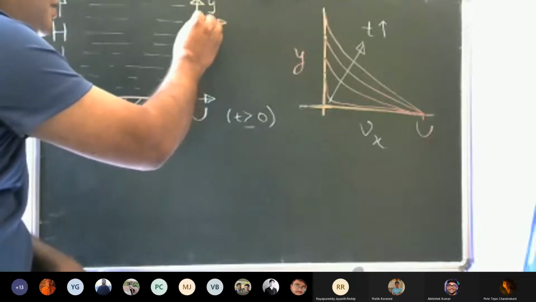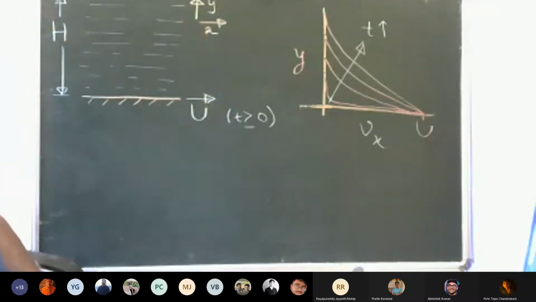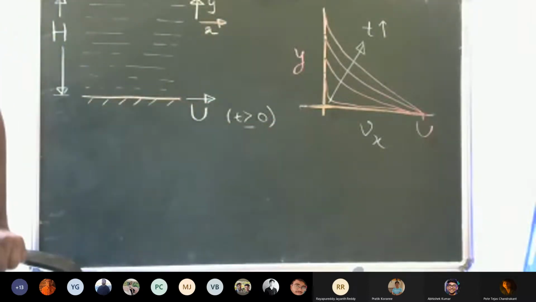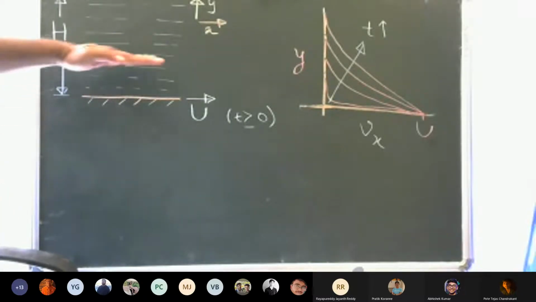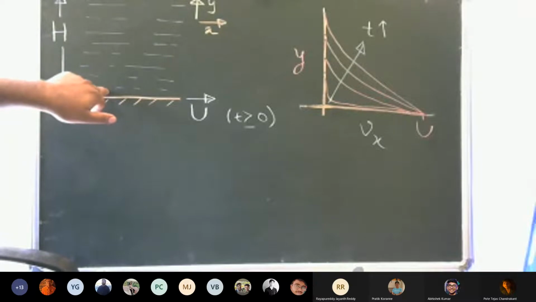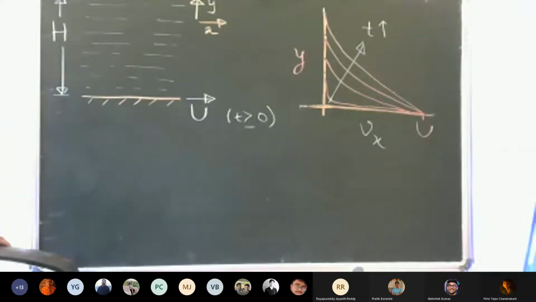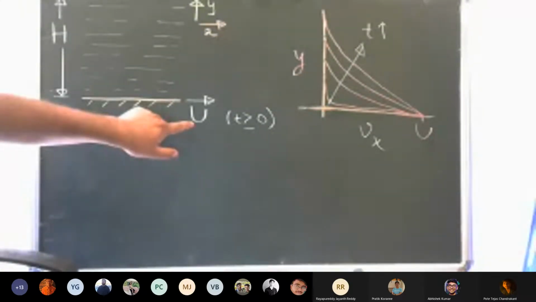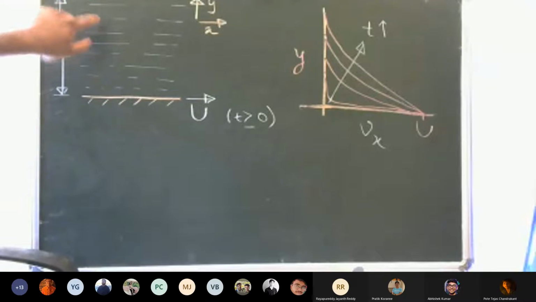So the liquid is moving in the x direction, and the only velocity component which exists is vx. Since there is friction between the fluid layers as well as near the wall, which we know as viscous drag, there will be a velocity profile. This layer will always keep moving with velocity u, and as we go up, the velocity will decrease.